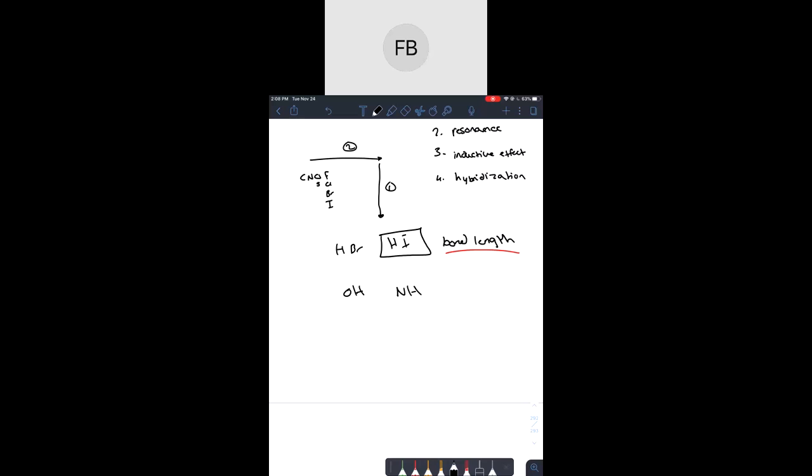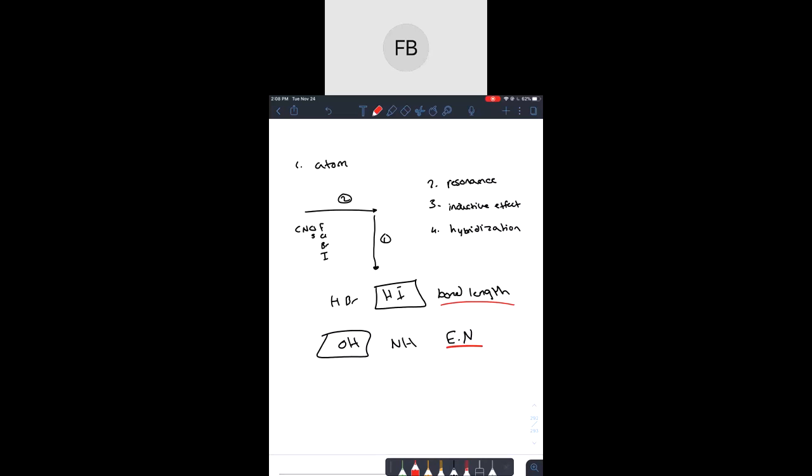So O and N have similar bond lengths, and so the next most important thing to take into account is electronegativity. And oxygen is more electronegative than nitrogen. So electronegativity is your second most important thing, again within the atom. So that's the first aspect.